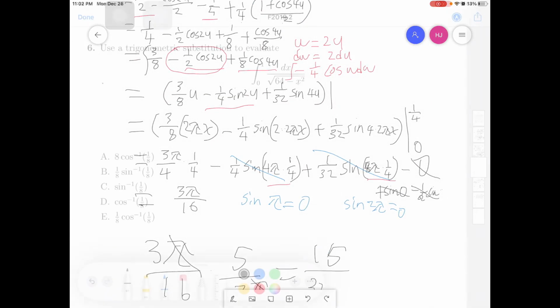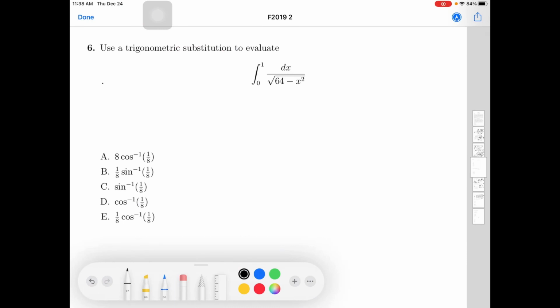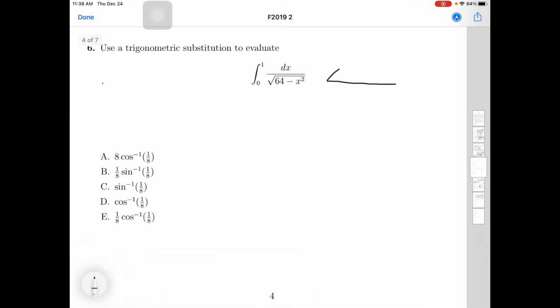6, we are asked to use trig sub to evaluate the following integral. So let's start by drawing a triangle, a right triangle in fact, and we can construct this part of the integral from the triangle.